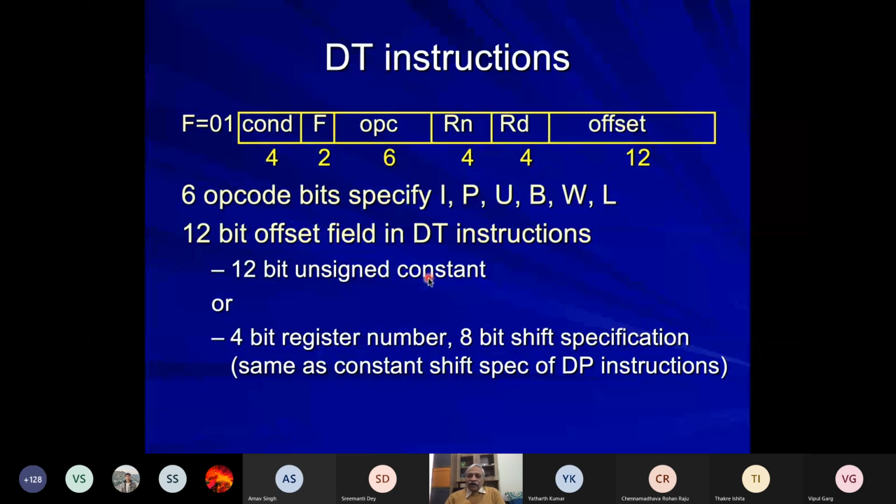So unlike DP instruction, there is no rotation for the constant offset here. And it can also be a register. So if that is the case, then it is something like what you have for DP instruction, except that shift amount has to be a constant. It can't be a register.